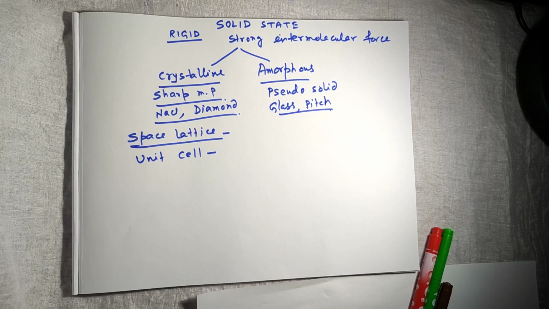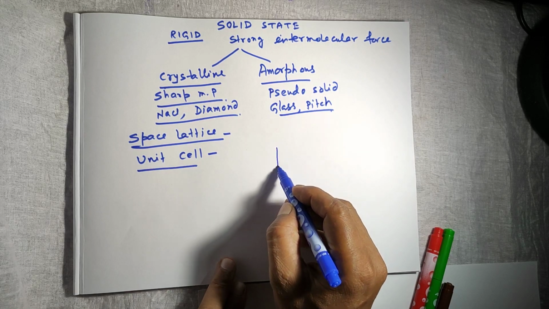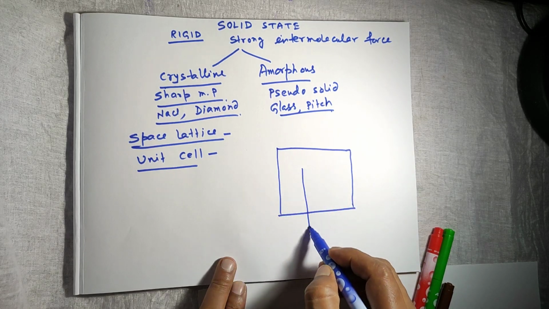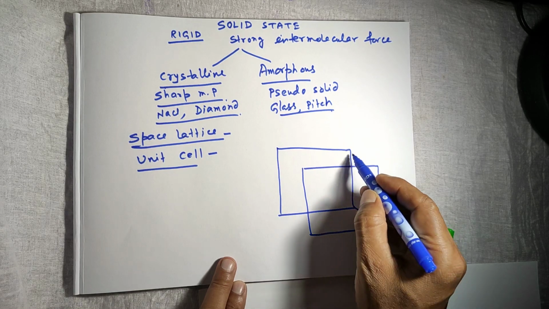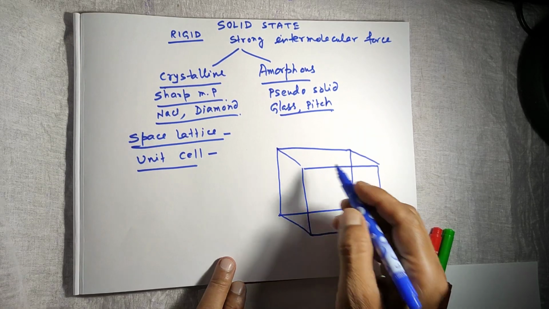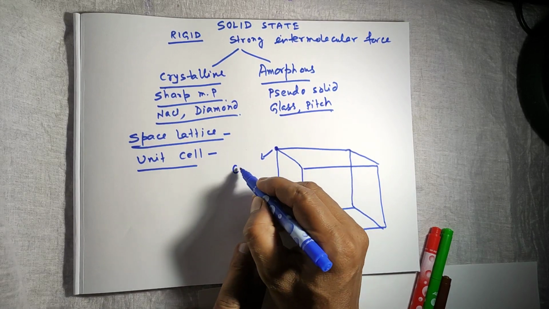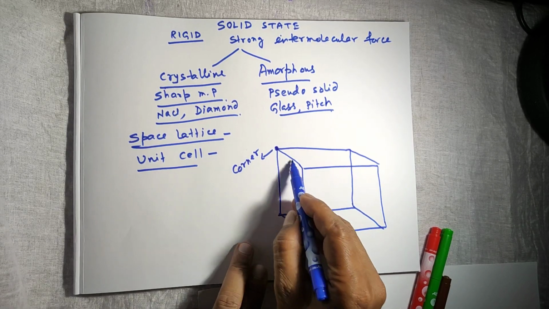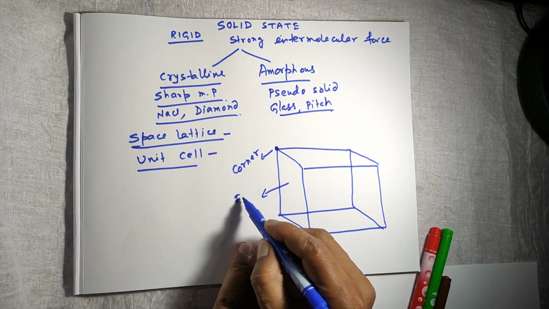Okay, so I am drawing a cubical unit cell. Now this is the cubical unit cell, and this is a corner, and this portion is basically a face.